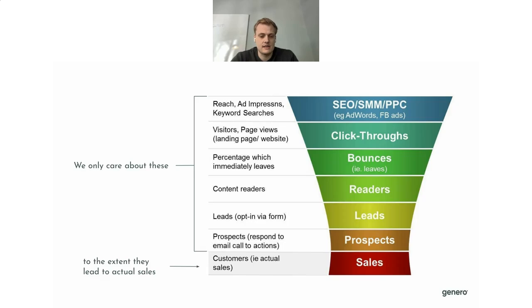I'd say that this is a mistake, at least insofar as not understanding that we only care about these upper funnel metrics as long as they lead to actual sales.